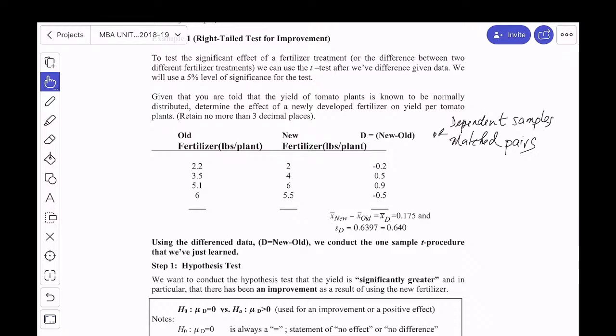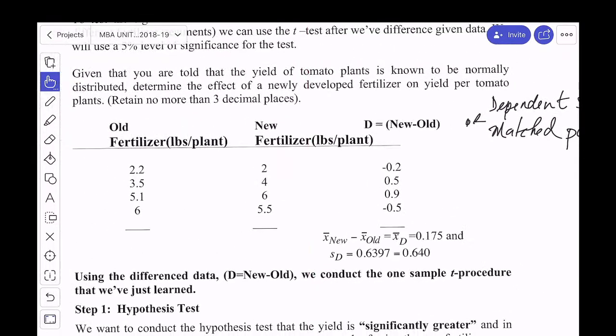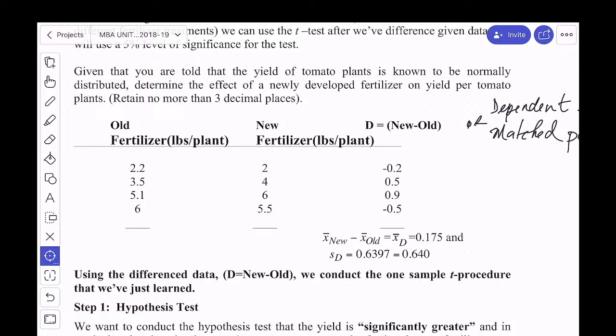We have here information from an experiment using an old fertilizer, and we have 4 plants, these are tomato plants, and these are the pounds of tomatoes they produced when the old fertilizer was used. Now these are 4 different plants but matched, so either they're nearby or they have the same exposure.